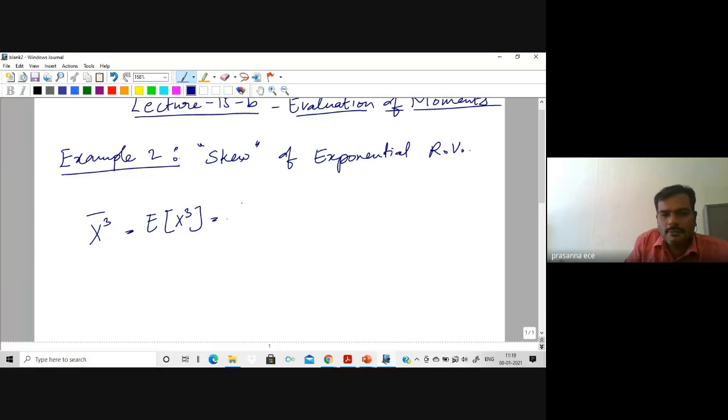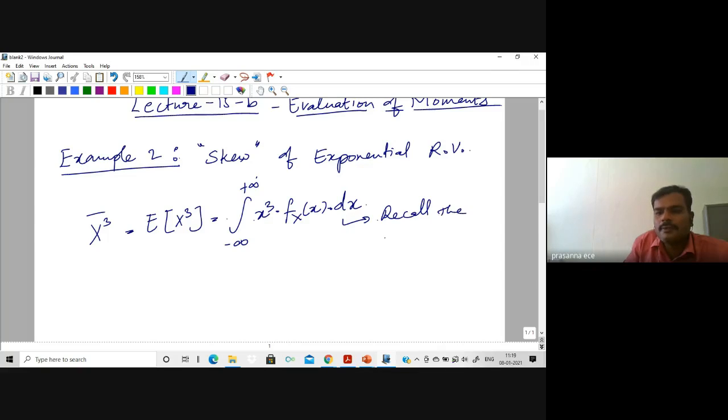So what is the expectation of x cube? Just use the definition of expectation: integral from minus infinity to plus infinity of x cube into fx of x dx. This is by our basic definition. You have to recall the basic definition of expectation.